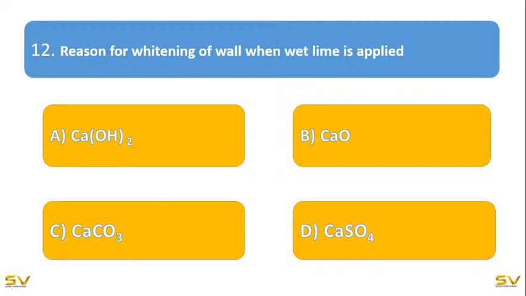Reason for whitening of wall when wet lime is applied. So I'm not getting any answers. Let me check.